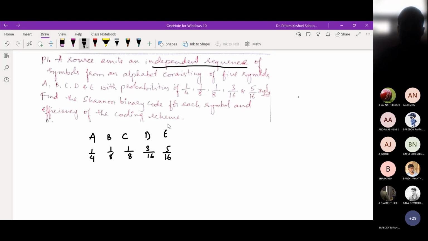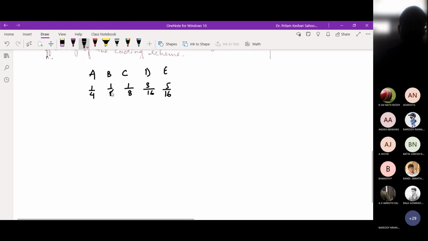So as per Shannon, we have to arrange these probabilities in descending order. That means we have to write down first the symbol of highest probability. You see it is 1 by 4. This 1 by 4 I can write as 4 by 16.